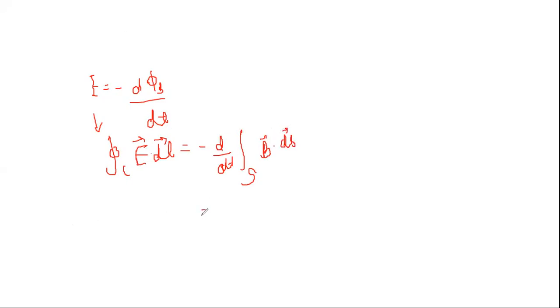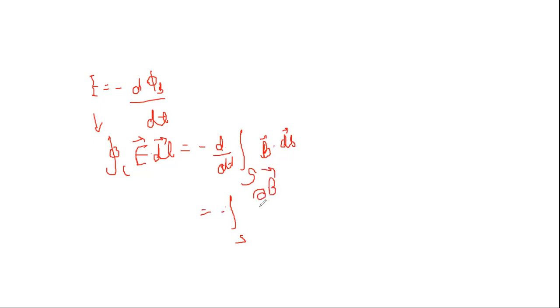This B can be a function of space or some other quantity, but we are interested in the derivative d by dt only. So we can rewrite this by taking the differential sign inside, and what I'm writing is very important.